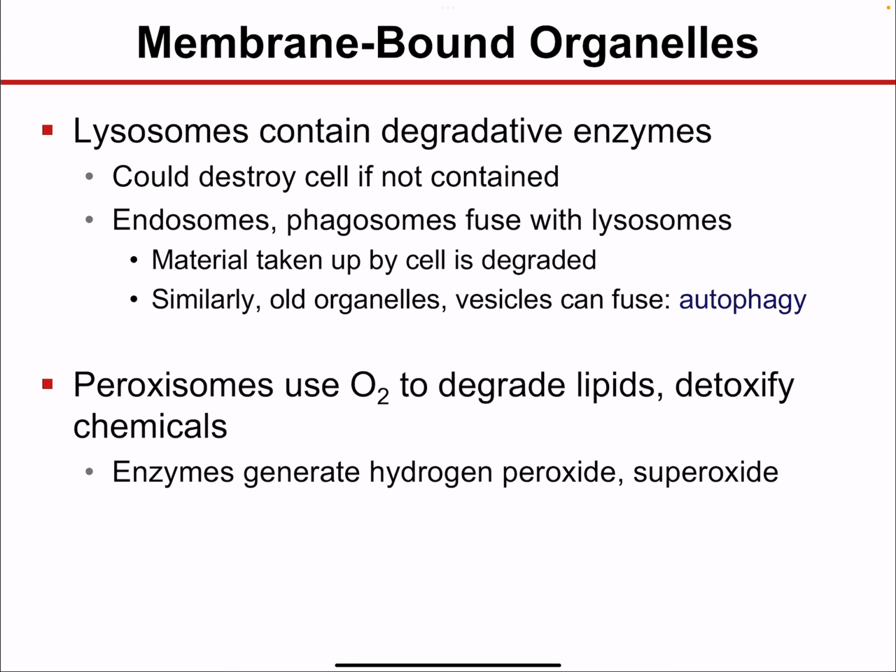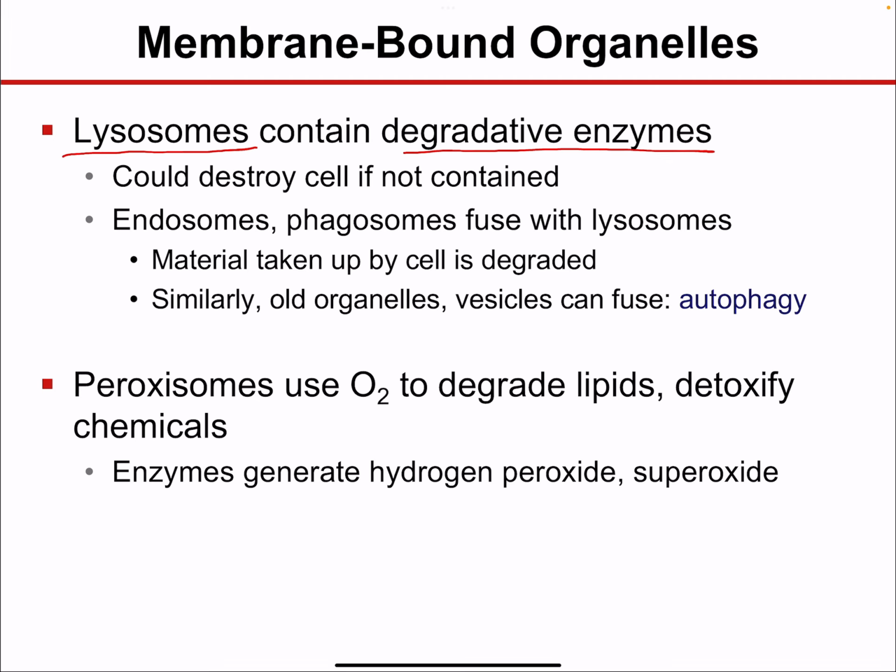Okay, the lysosomes, they are going to contain digestive enzymes. I already told you how these enzymes end up in the lysosomes. And these digestive enzymes break all kinds of material, whether you're talking about carbohydrates, lipids, nucleic acids, proteins, you name it.